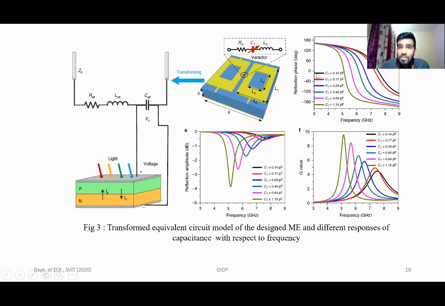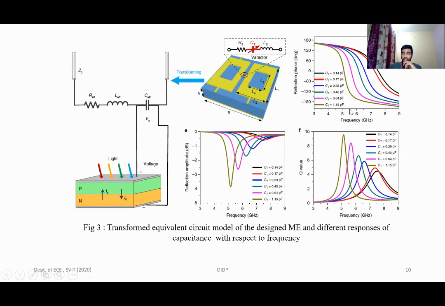Here are some of the graphs: reflection phase with respect to frequency, reflection amplitude with respect to frequency, and Q value with respect to frequency. The reflection phase is measured in degrees.